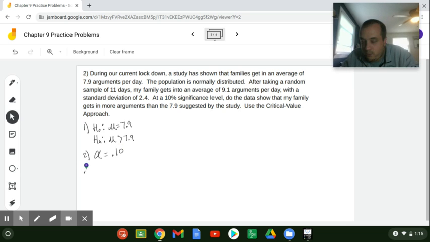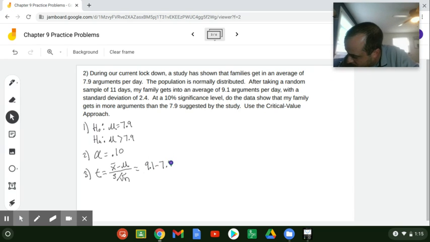Step 3, we need to calculate our t statistic. So t is equal to our sample mean minus the mean, divided by our sample standard deviation over the square root of n. So my sample mean here is 9.1, minus 7.9, over 2.4 divided by the square root of 11.